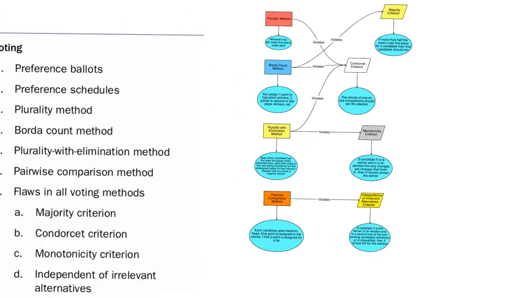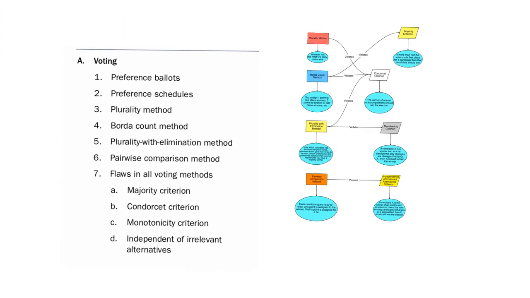So we have actually covered everything basically. Preference ballots, which are the ranking of various candidates, preference schedules, which is a way of summarizing preference ballots, the plurality method, the Borda count method, the plurality with elimination method, the pairwise comparison method, and all the flaws in the voting methods: the majority criterion, Condorcet, monotonicity, and the independence of irrelevant alternatives.